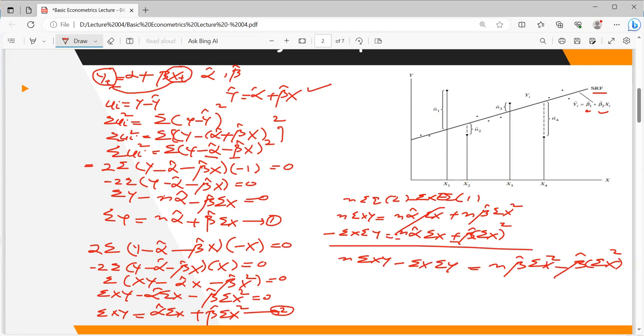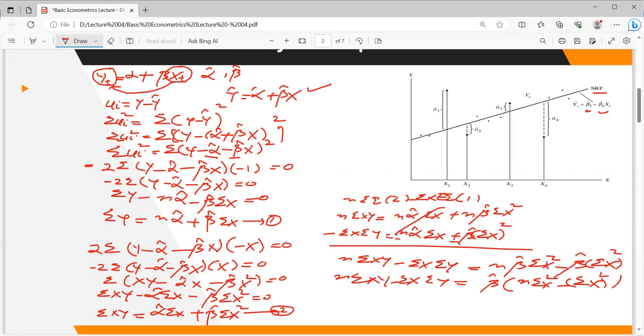So you can write it as n summation xy minus summation x summation y is equal to, by taking common beta, beta hat into n summation x square minus summation x whole square.